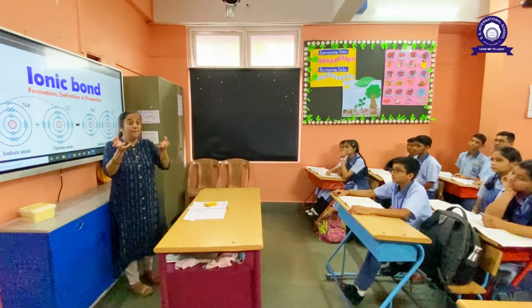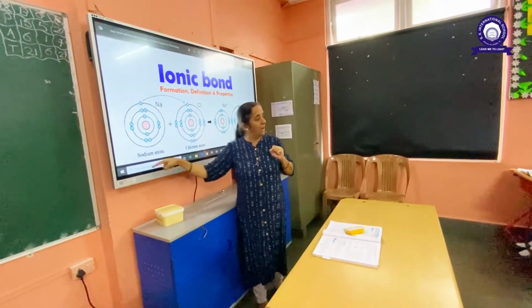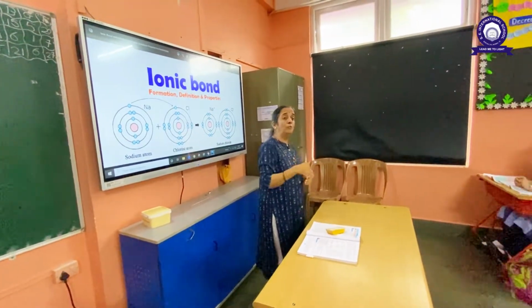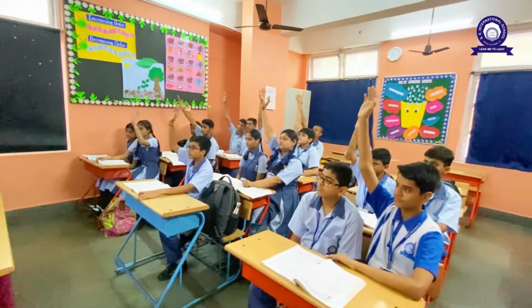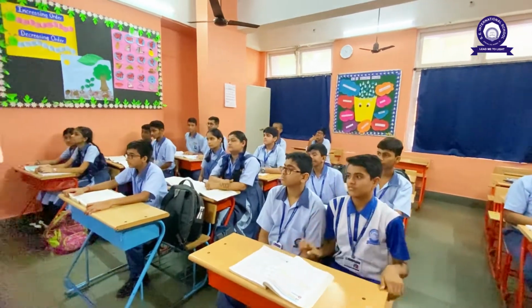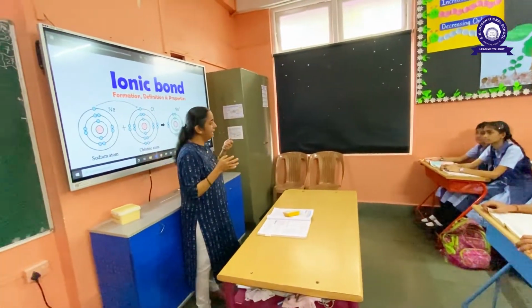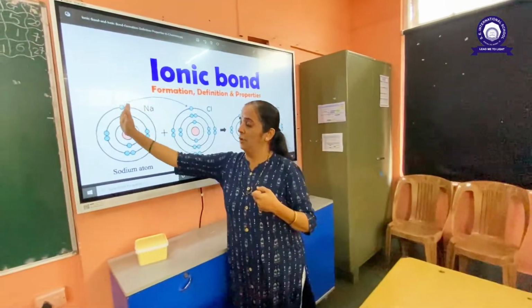Or by gaining 7 electrons: 1 is already there, so 1 plus 7, it will obtain an octet state. So what will be easier for the sodium atom, to gain or lose? To lose 1 electron. Okay, very good. It will lose 1 electron because to gain 7 electrons it will require more energy.